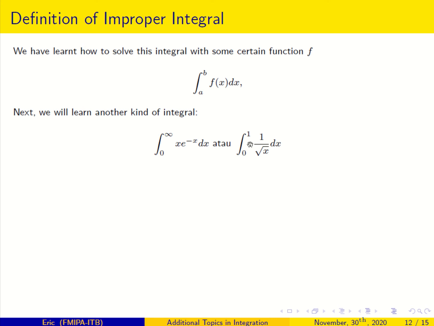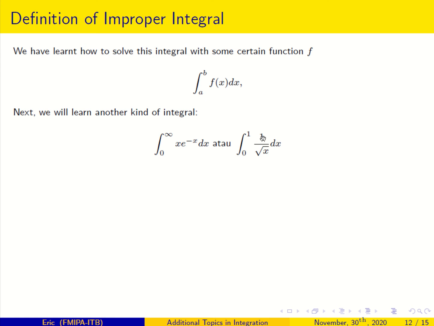What about this one? So the boundary is just a real number. But the integrand function to be integrated, this is 1 over square root of x, becomes unbounded when x goes to 0. This is what we usually call type 2 improper integral. Why?